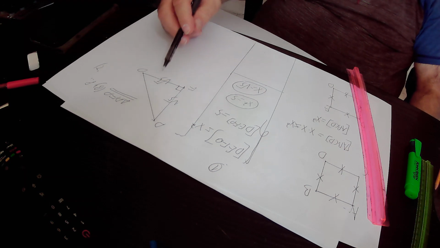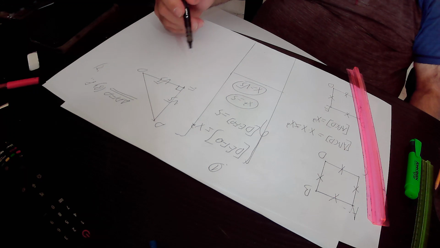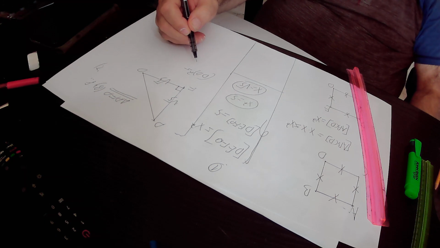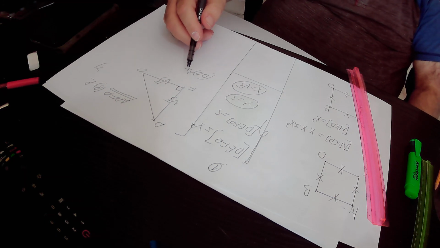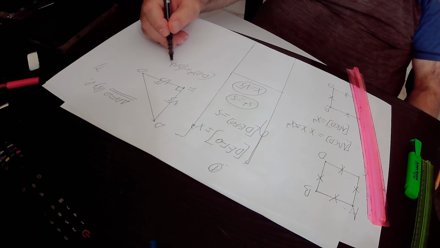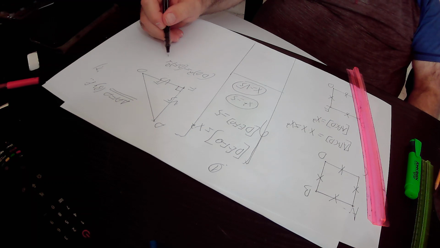The hypotenuse in this right triangle DFO is DO, therefore the square of the hypotenuse will be DO squared, and it must be equal to the sum of the squares of the perpendiculars, that is, DF squared plus FO squared.